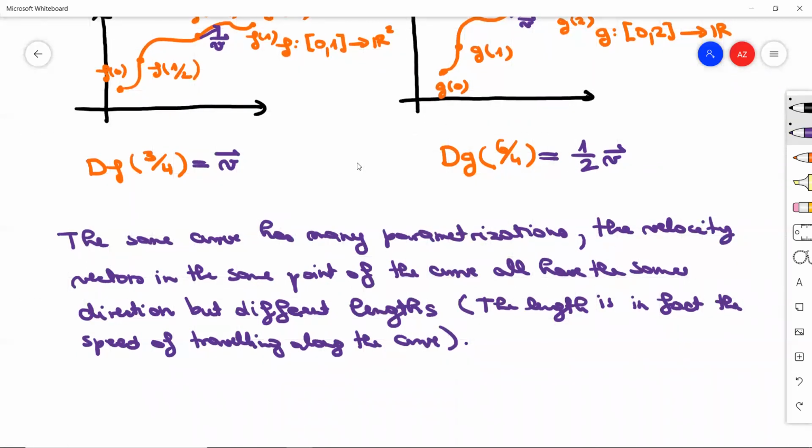And I said before that the velocity vector always points in the direction of the tangent. Let's try to argue why this is true. So I will write this as a proposition.